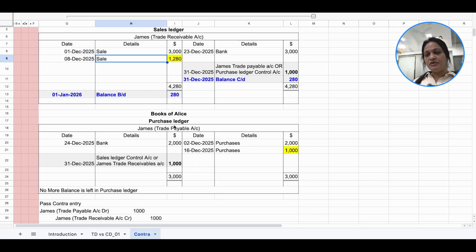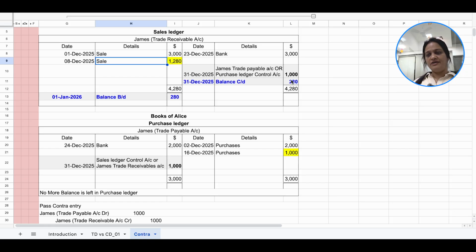Now if you notice, purchase ledger account gets closed with 3000 on both the sides, no more balance is left in the purchase ledger. But in the sales ledger, there is still a balance of 280, which shows that Alice has to recover 280 from James, and that's how you pass your contra entries.